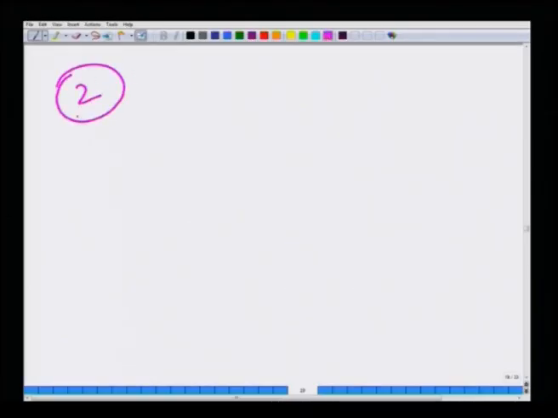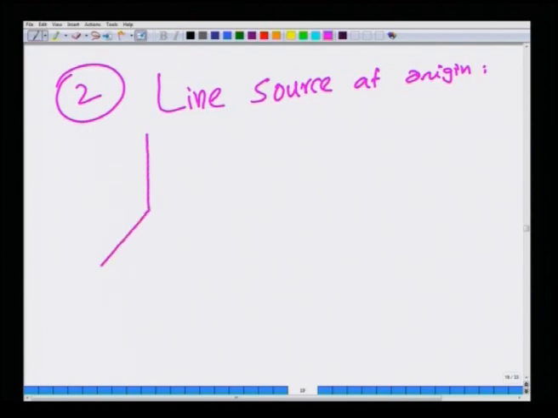Now, another problem that we are going to do, another model potential flow, is a line source at the origin. Imagine that you have x, y, z.